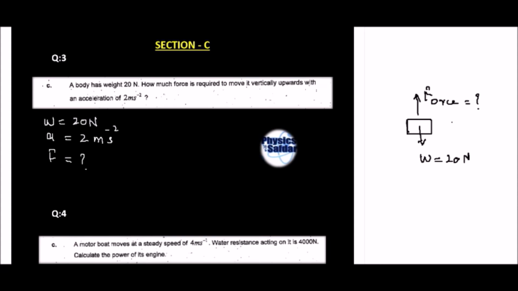One thing, look at the diagram. This is the object we have and we want to lift this object. The weight of the object is 20 Newton and this is the force we need. In this case, if you want to lift the object with certain acceleration, you need a force. So you can write the force is equal to weight plus external force.